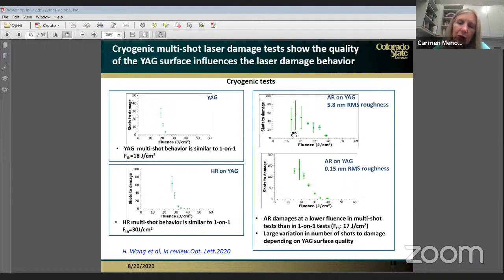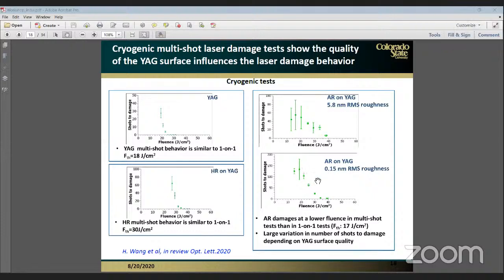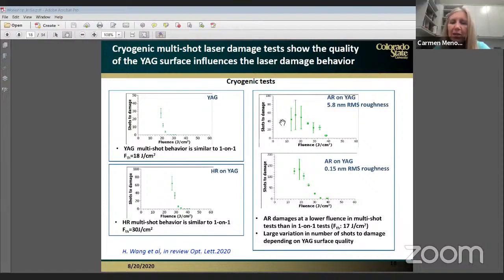And when we do that and we repeat the experiment by growing an anti-reflection coating on YAG, we see that now it will take a much larger number of shots to damage at slightly higher fluences. And this is good news because it's telling us that the issue is not on our coating, but rather that it is on the crystal where we grow the coatings.